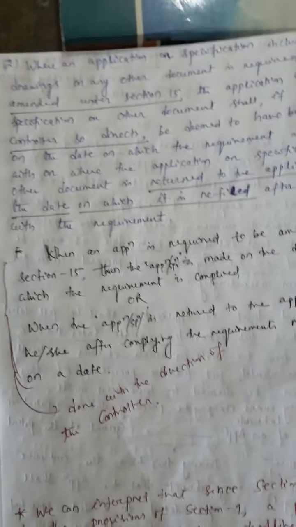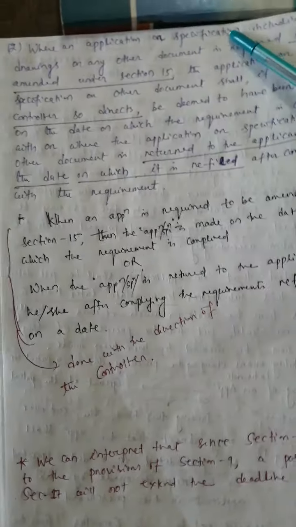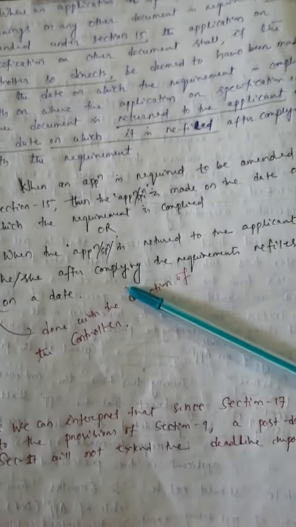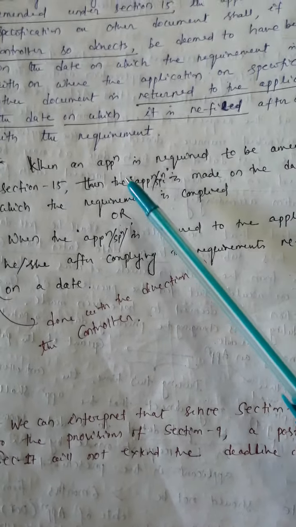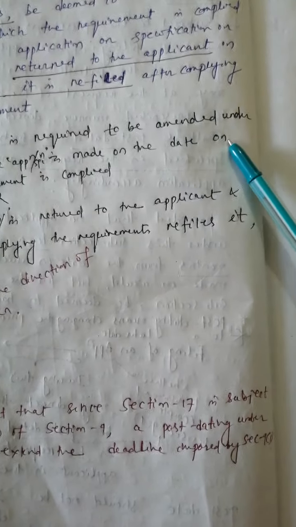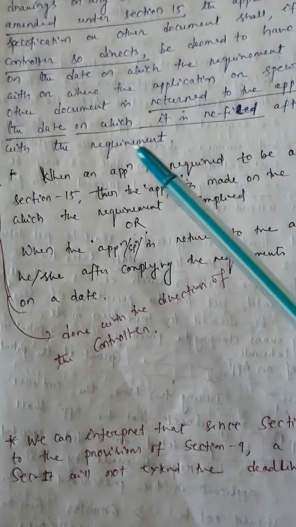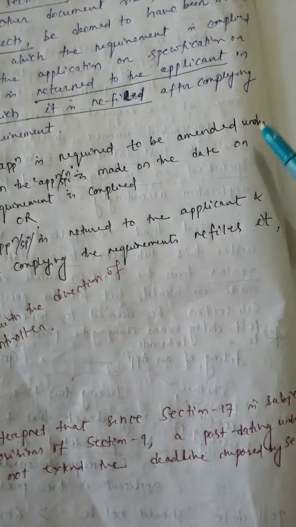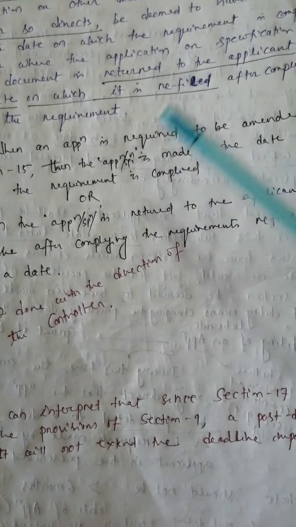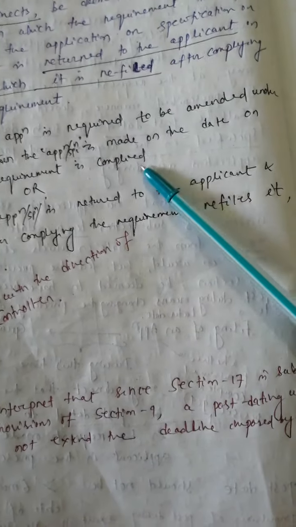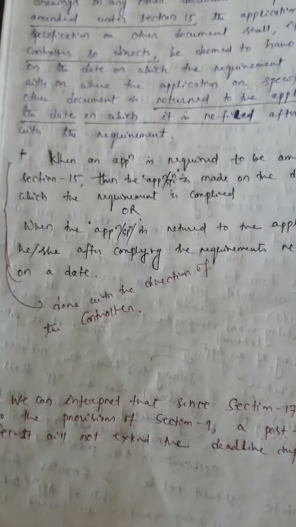Again, I have underlined the important keywords in this subsection and I will explain this lengthy subsection in a simpler way. Just look at the sentences in black ink. When an application is required to be amended under Section 15, which we have discussed earlier, then the application or the specification or the documents are made on the date on which the requirement is complied.